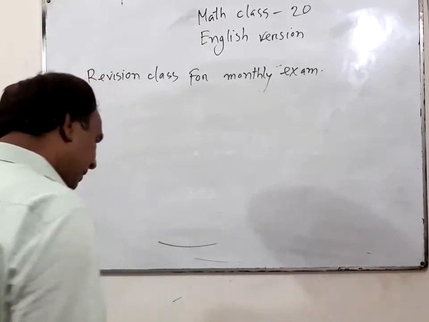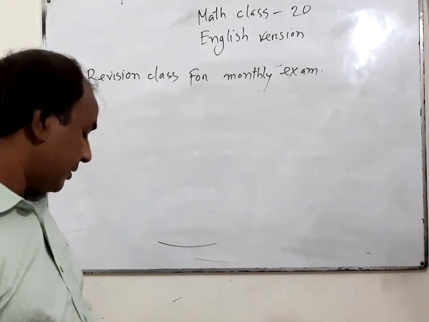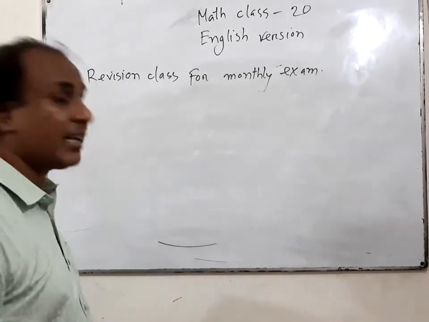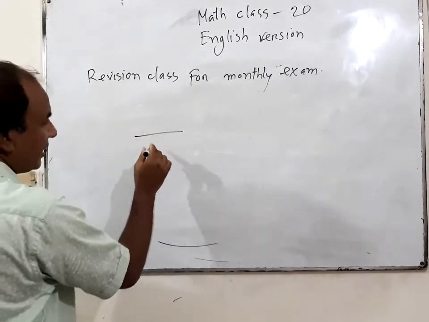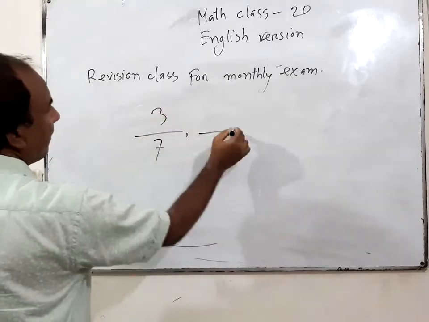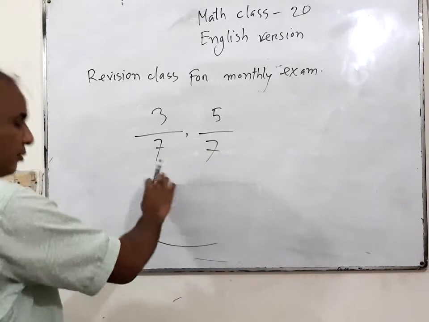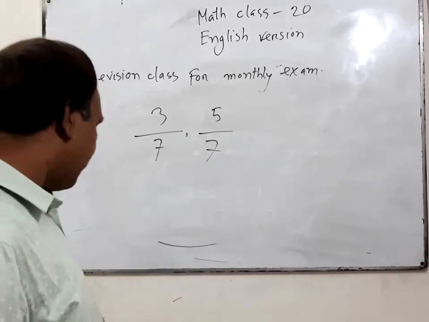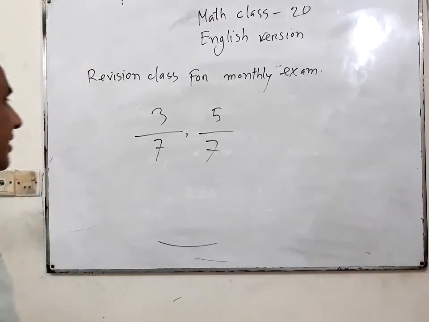There are 2 lines below. If the denominators of two fractions are equal, the fraction having a greater numerator is greater than the other.